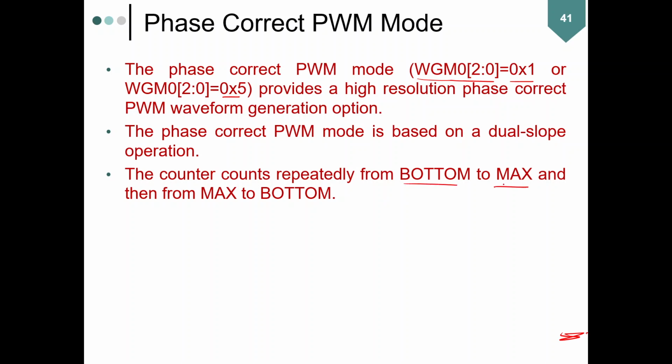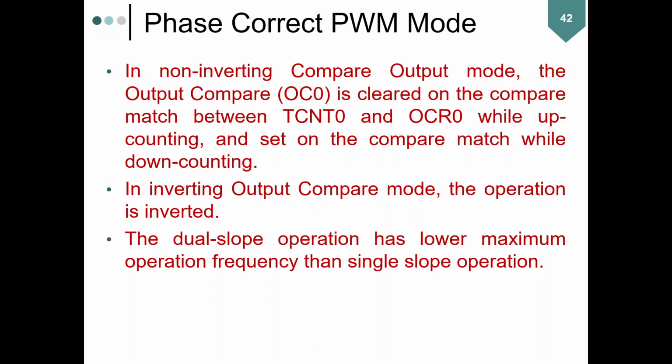In this case, the top value is not selected by the output compare register. Now, in the normal inverting compare output mode, the output compare pin is cleared on the compare match between the timer count and the output compare register.